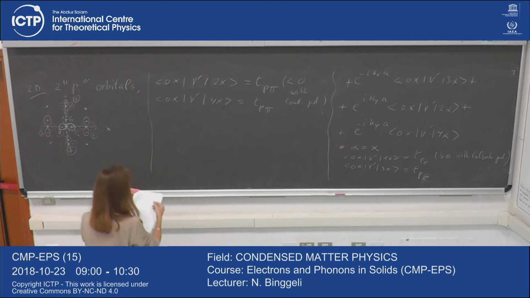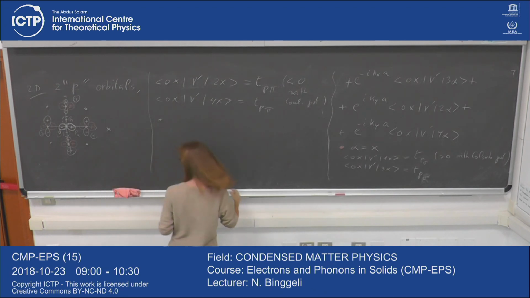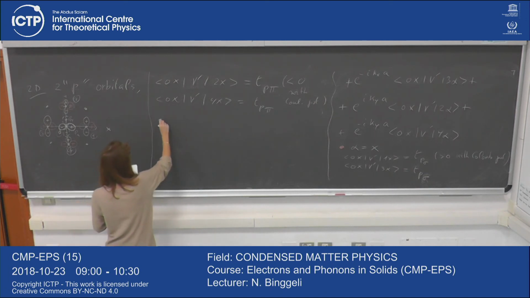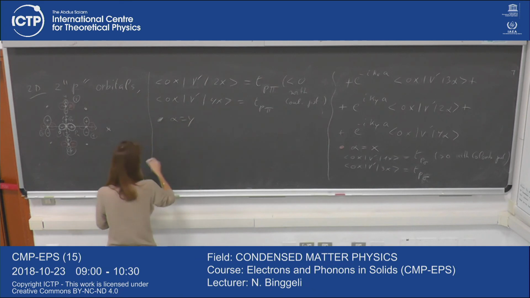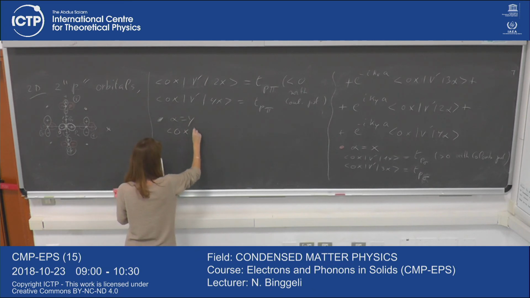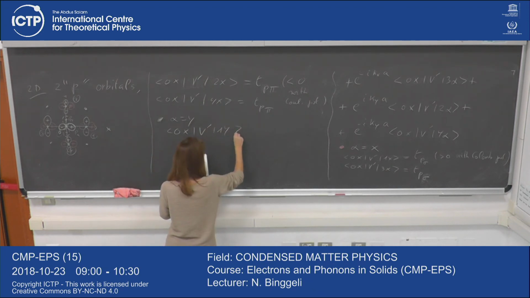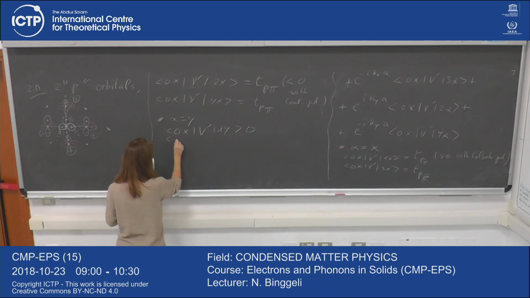Basically, I wanted to finish. Now if I consider the y direction, the y orbital, that is alpha equal to 1. In that case, what I will have is just zeros for everything.